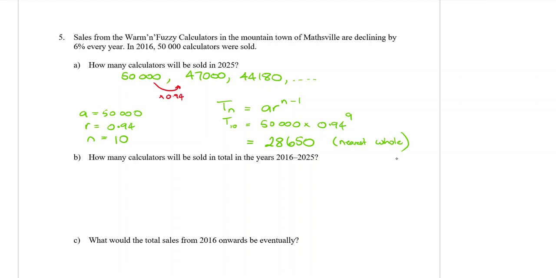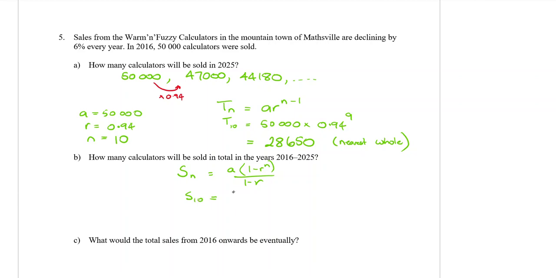Question B. How many calculators will be sold in total between 2016 and 2025? So that is a sum. I want to sum this series. Because R is less than 1, we're going to use A(1 minus R to the N) over 1 minus R. So that's a sum of 10 terms.